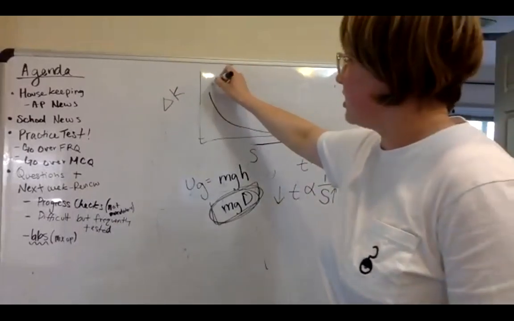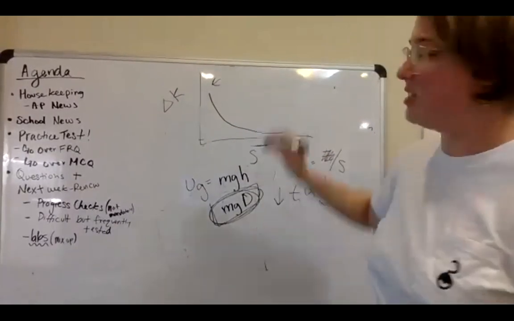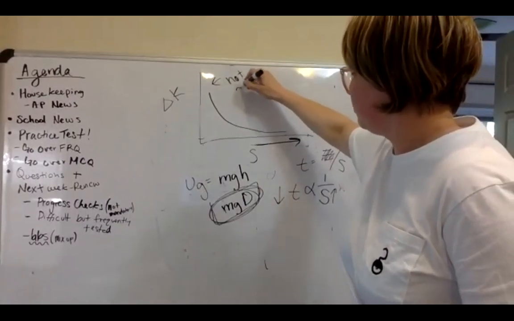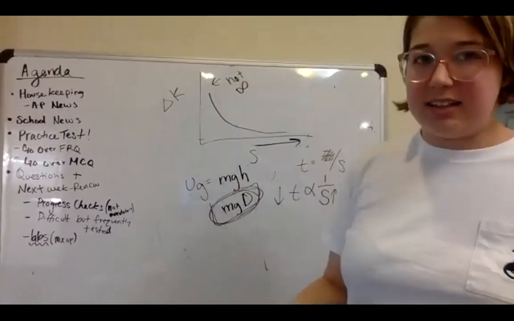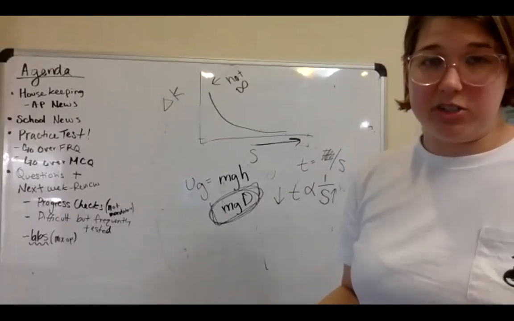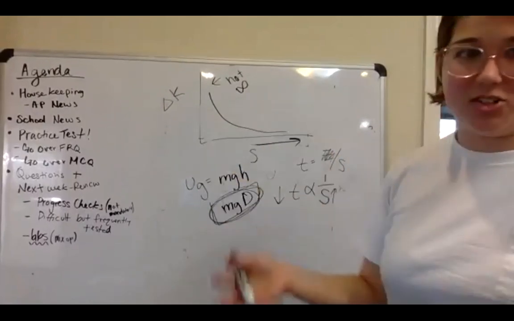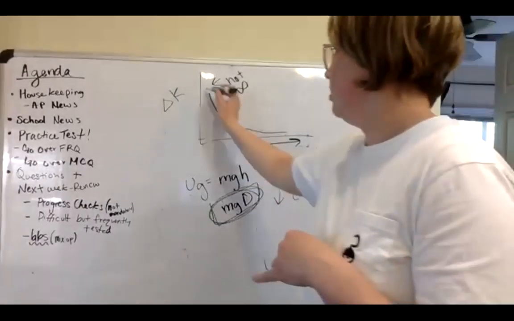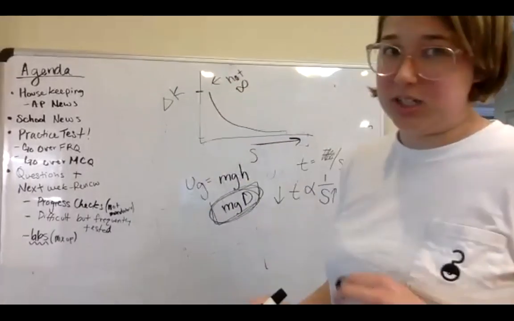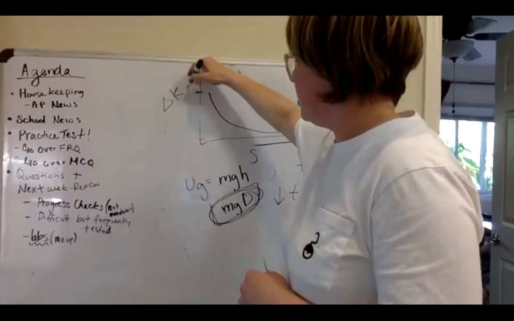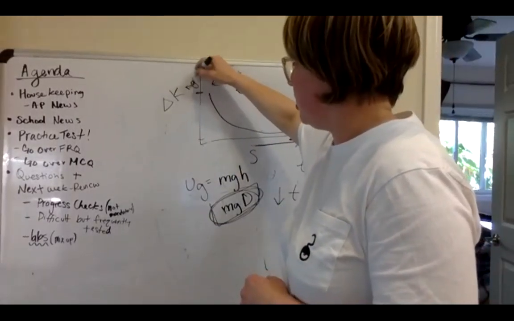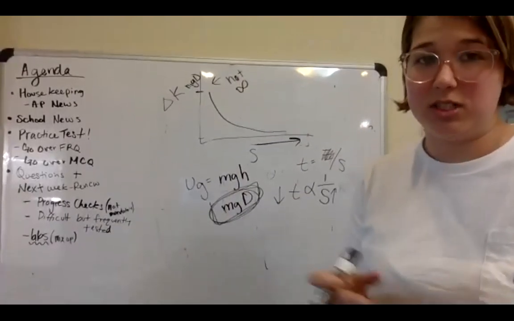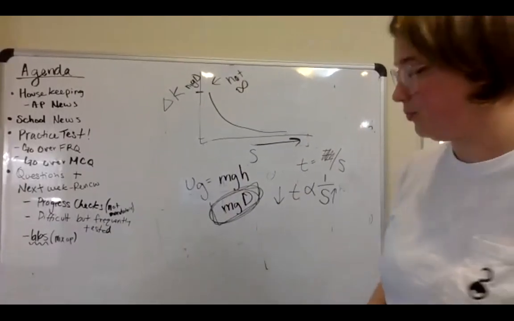One thing they say is they don't want this to go to infinity. Just like we didn't have an infinite amount of energy to start with, we can't have an infinite change in kinetic energy because we started with some maximum amount. Theoretically, the most we could ever change kinetic energy is whatever our mgd was, because we can't have more kinetic energy than we started with total energy.